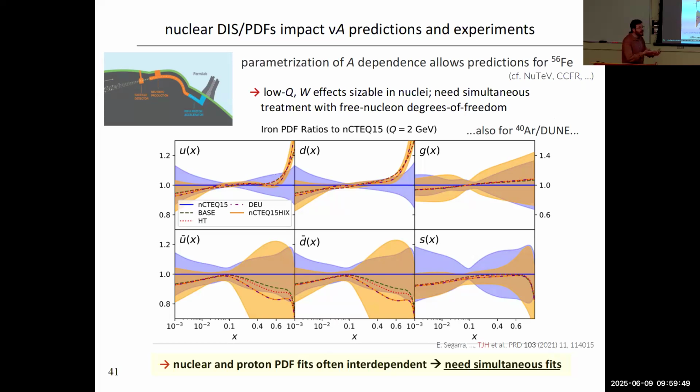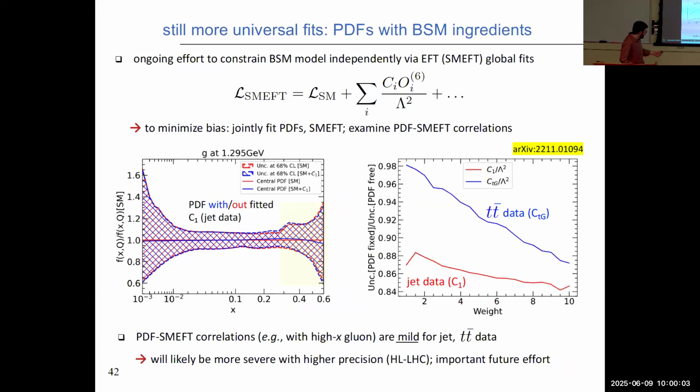So it comes down to how well we can model neutrino scattering on a target like argon, for example. And so this really motivates ongoing efforts to determine the nuclear PDFs as well.